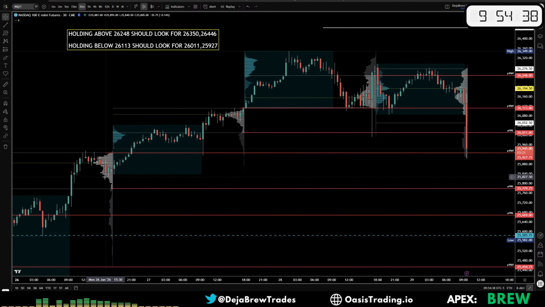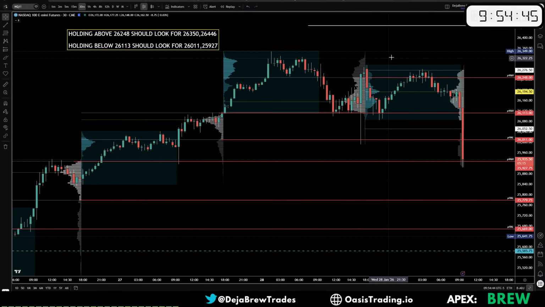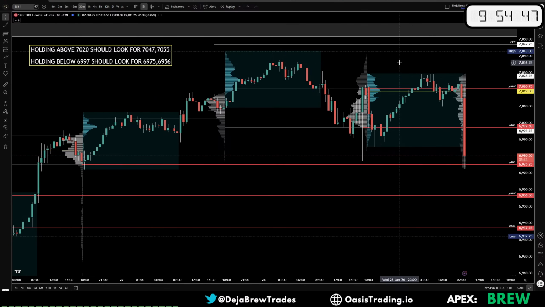That is the value low of Monday and the value low of Friday. You don't need an extension on ES. We still have a target at 56 and then down to 37.